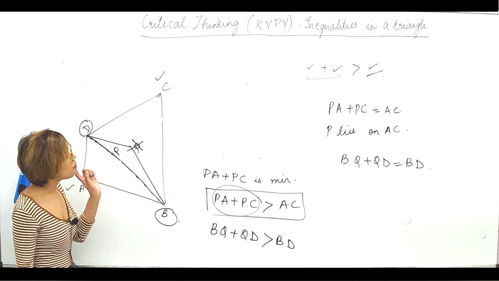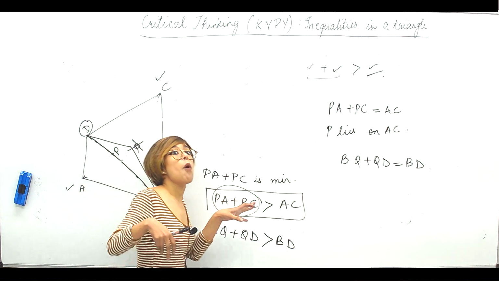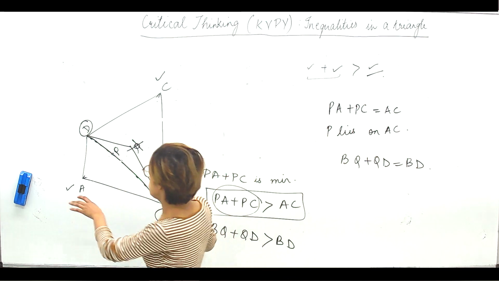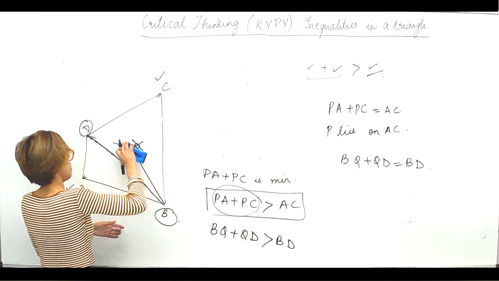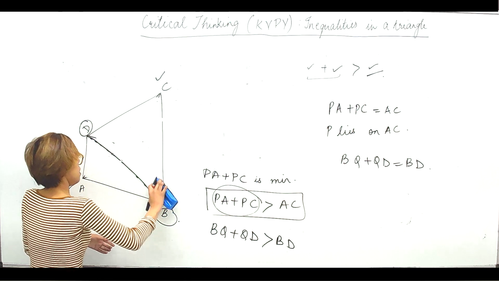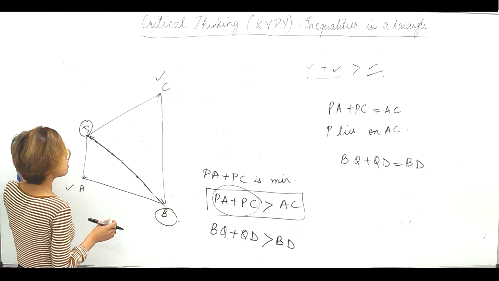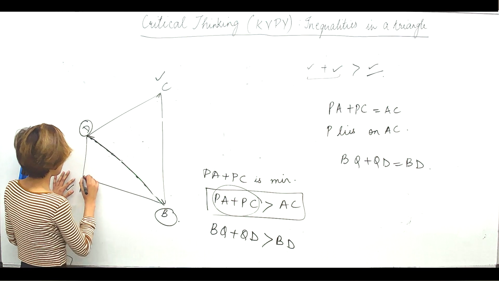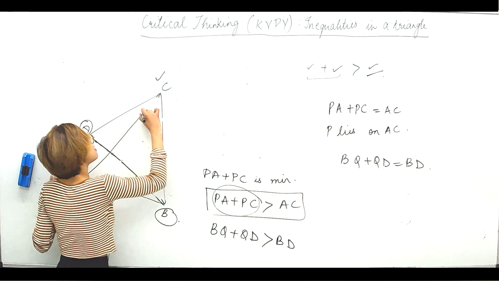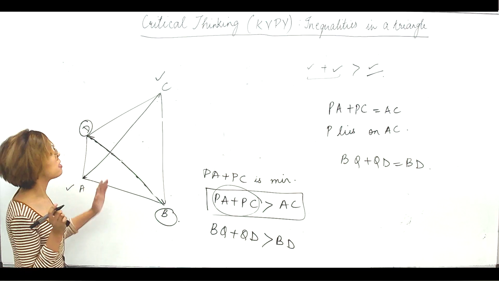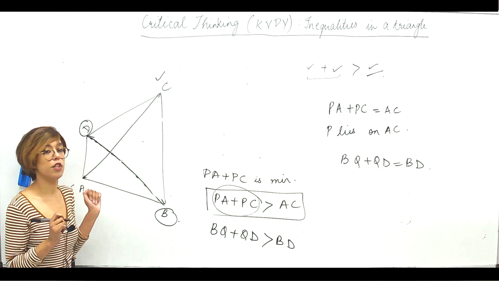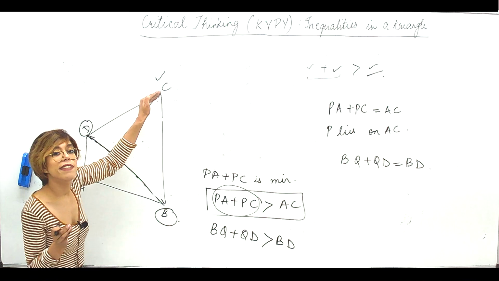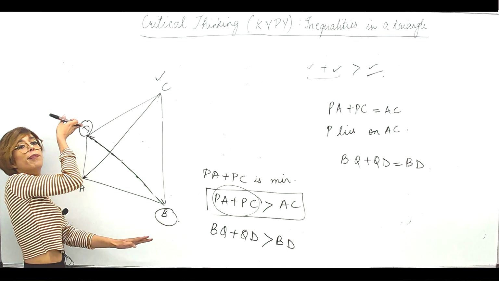My question was that the sum of distances from all the vertices should be minimum. The minimum distance from B and D lies on this line. The minimum distance for A and C lies on this line. The point must lie on this line itself and this line itself.